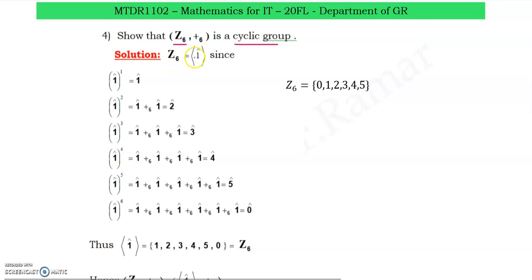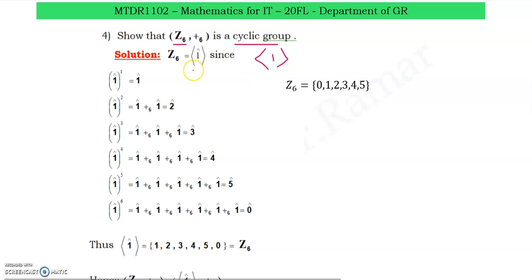That's why here we are putting the notation like this. If you put the symbol like this, surrounded by the number, it means this number generates all the elements of Z6. This is called a generator. The element 1 is a generator. This is the symbol for that.